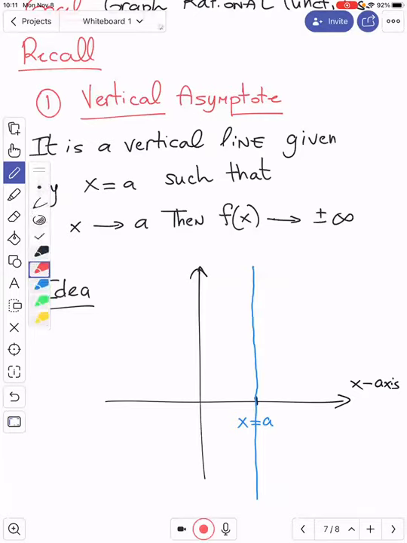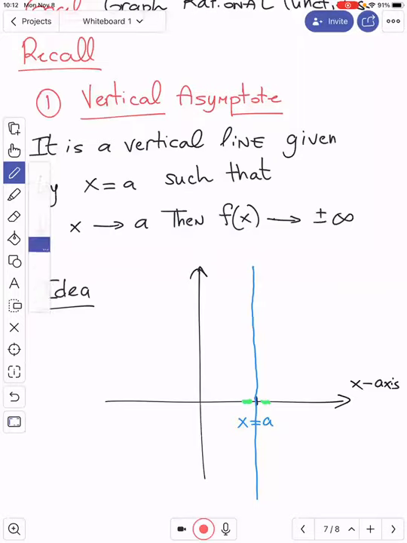So x approaches a. The variable x is in the neighborhood of a, as you can see in this green interval. It's not equal to a, right? You are in the neighborhood of a, and then the values of f, or your graph, are going to approach either positive or negative infinity.